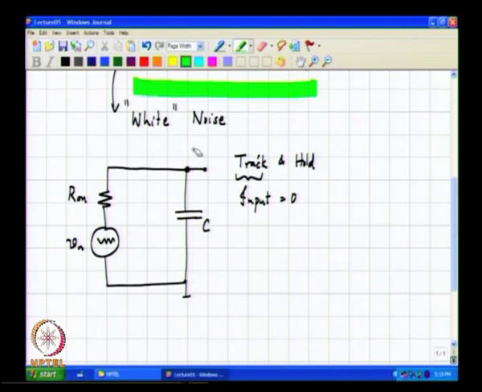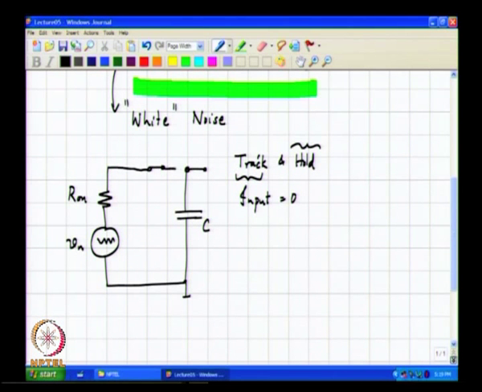Before we get into the math of what happens in the output, physically let us try and understand what happens when we open the switch. So, what do you think will happen during the hold phase?